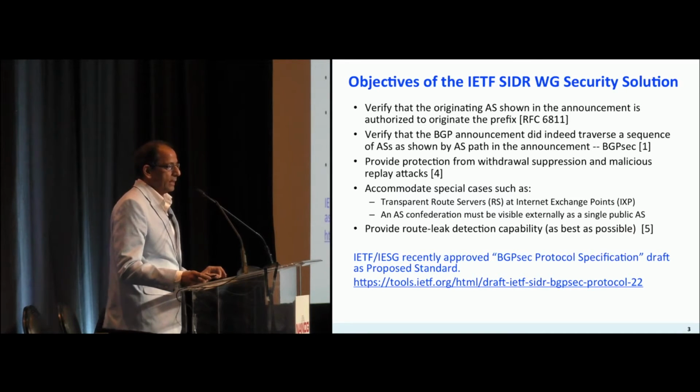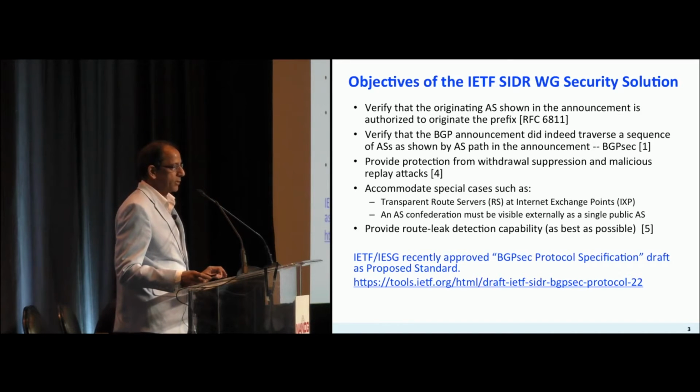There is work in the SIDR working group also related to protection from withdrawal suppression and malicious replay attacks. And in the references, we have included a draft which talks about the solution for the replay attacks. The BGPsec protocol also accommodates special cases. Those include transparent route servers, for example, at internet exchange points.